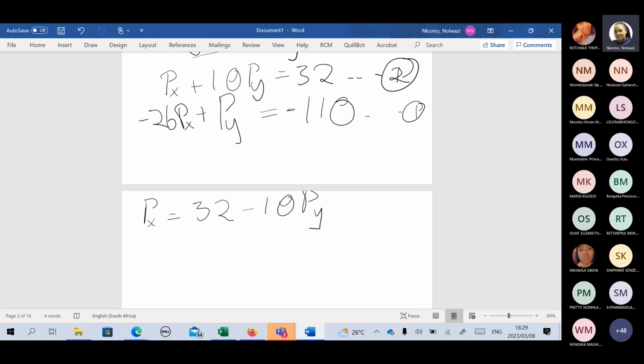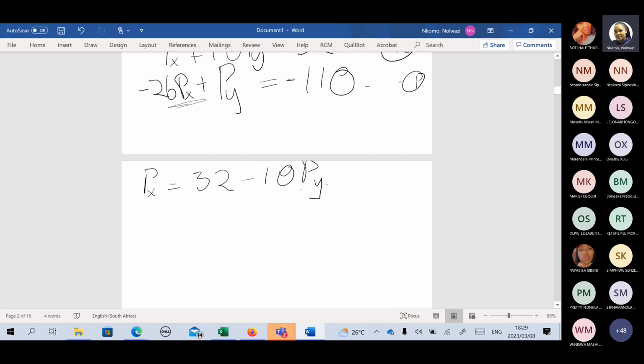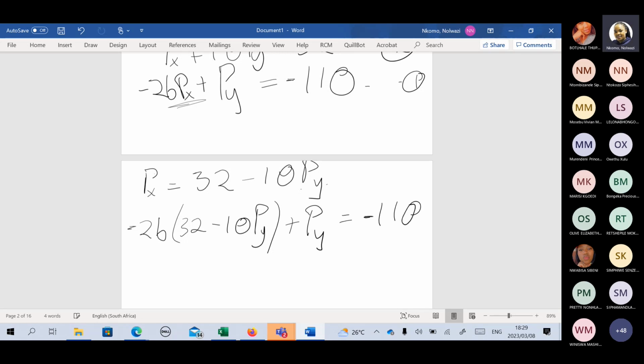Now I know that px equals 32 minus 10py. So I can just take this and substitute back into equation 1 where there is px. And if I do that, I will have minus 26 times px, which is 32 minus 10py, plus py equals minus 110.